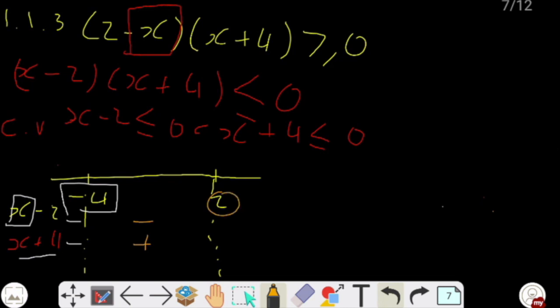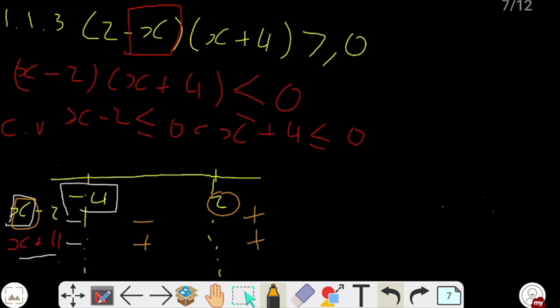Let's move on to the 2. Any number which is greater than 2. Let's choose a 3 and substitute it again here. 3 minus 2, what do you get? You get a positive sign. And then again, 3 plus 4, which sign do we get? We get a positive sign.